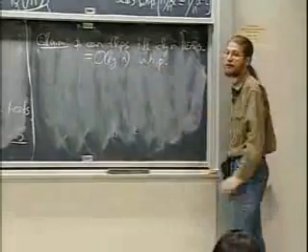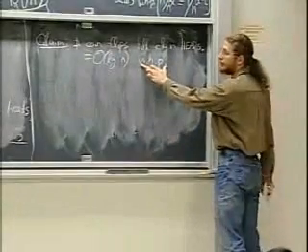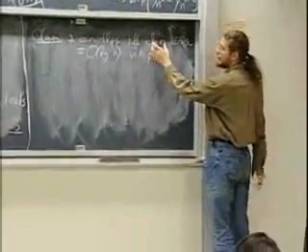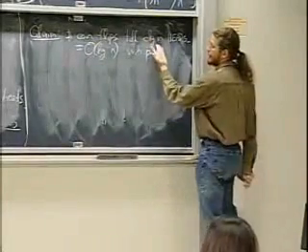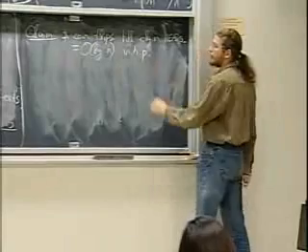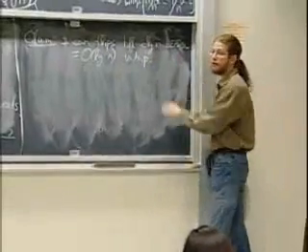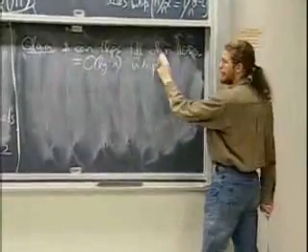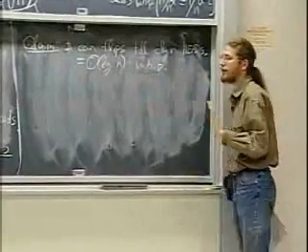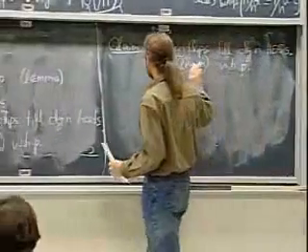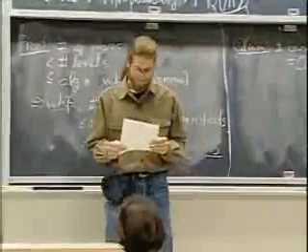Because with high probability depends on n. This notion depends on n. If log n is true, anything bigger than log n is true, like n. If I put n here, this is also true. But if I put a constant or less than log n, this is not true. It's really important that I have log n here, because my notion of high probability depends on what's written here.